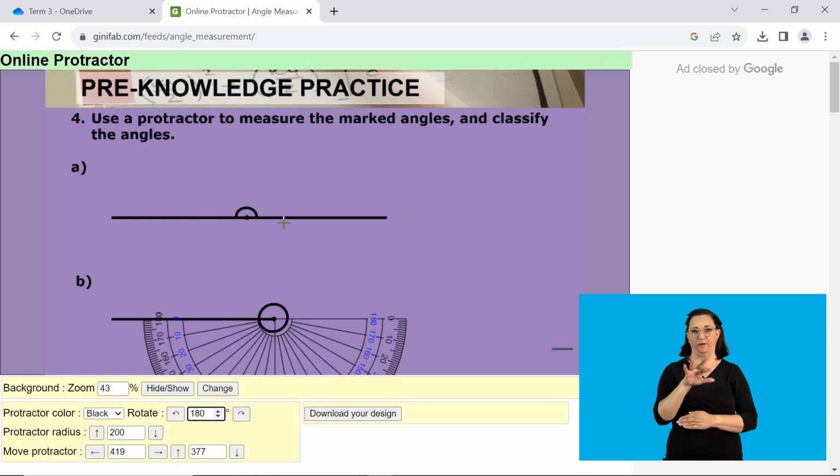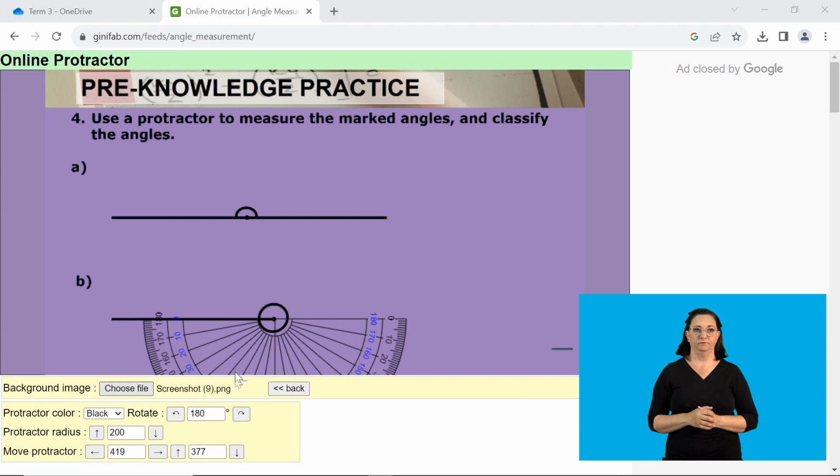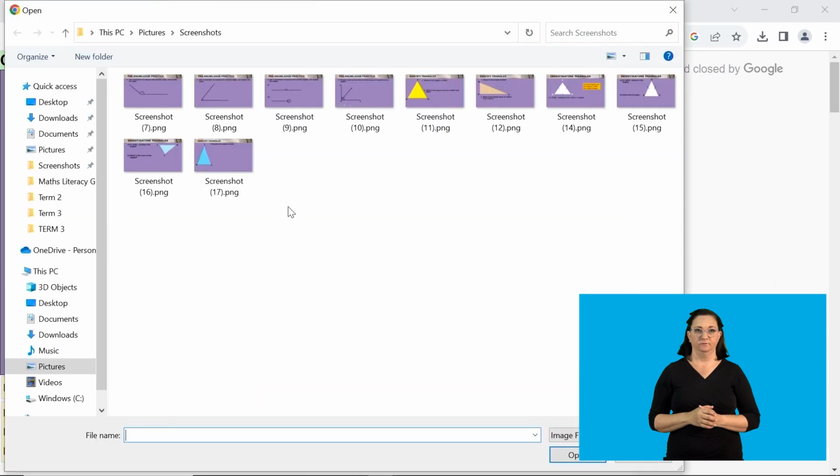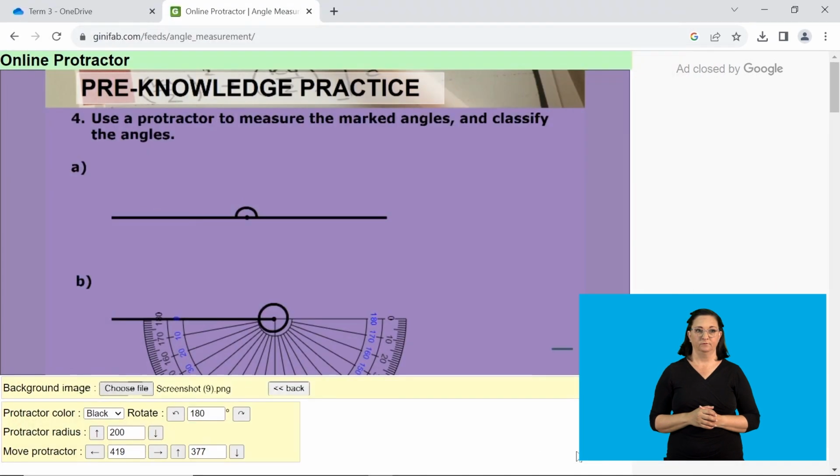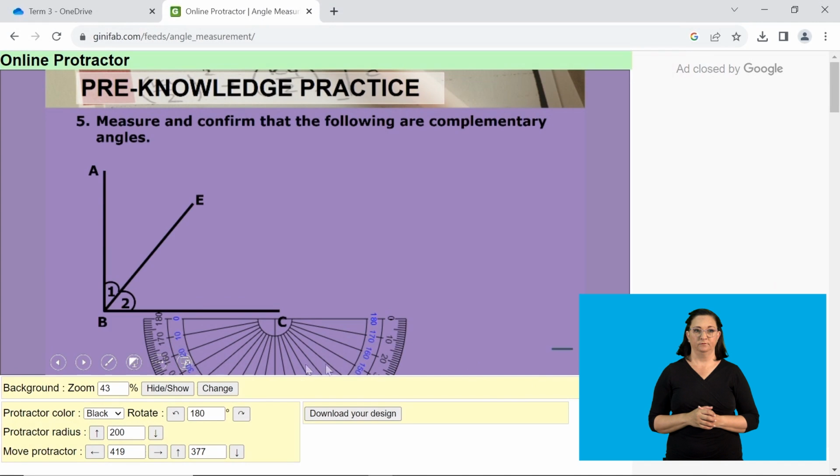So now we are convinced that a straight line gives us 180 degrees and a revolution gives us 360 degrees. Let's move to the next one. Turn the ruler over.